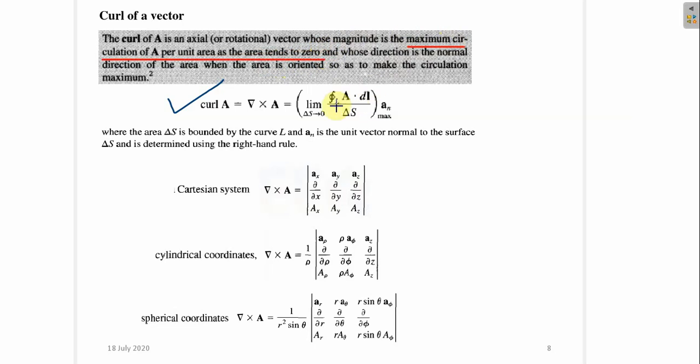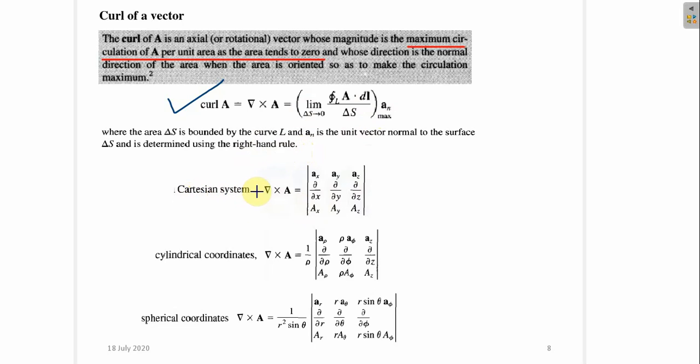The direction is the normal direction of the area when the area is oriented so as to make the circulation maximum, and the unit vector an shows the direction. Here del s is the area bounded by the curve L, and an is the unit vector normal to the surface del s. It is simply determined using the right hand rule, which we will see.